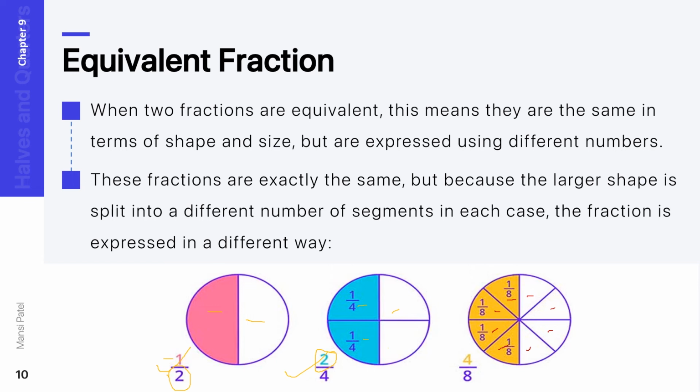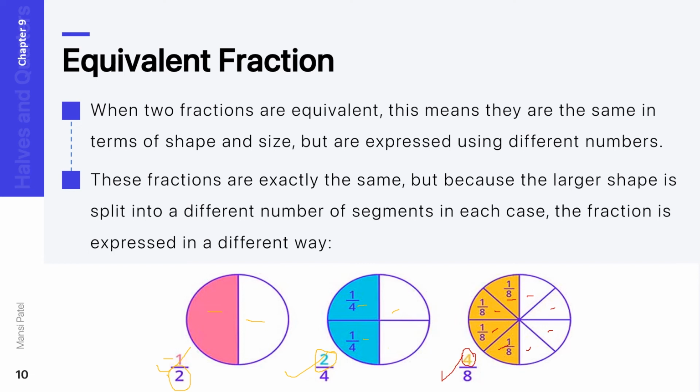Out of these 8 parts, they have shaded 4 parts. When they shade 4 parts, it occupies half of the circle. So we can say that 4 upon 8 is also an equivalent fraction of 1 upon 2.